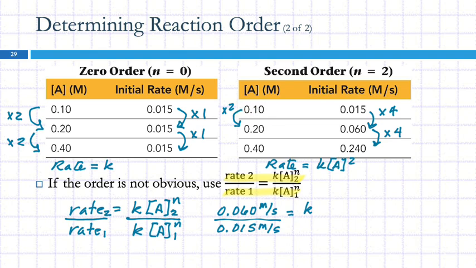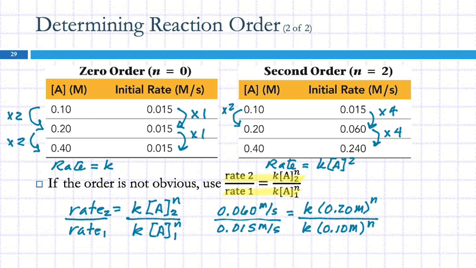The initial concentration is 0.10. I'll put the units in there. Molarity raised to the n power, divided by the rate constant. I did that wrong, didn't I? Yeah, I did the first one. I'm supposed to put the second one on top. Ooh, caught that one myself. So then on the bottom, we're putting the first one, also raised to the n power.